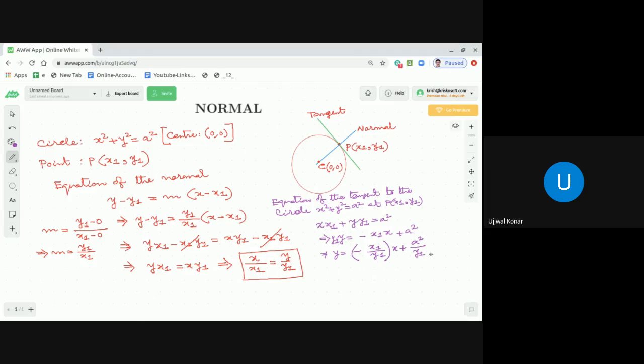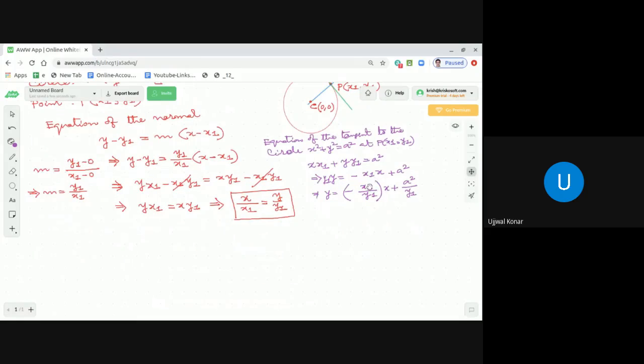Correct? Now, what is the slope of the tangent? Minus x1 by y1. Then what will be the slope of the normal? It will be y1 by x1, so that their product is equal to minus 1.